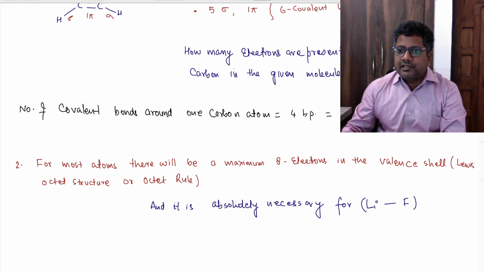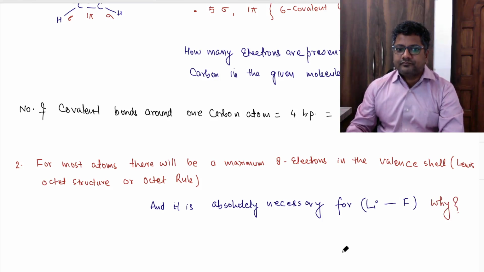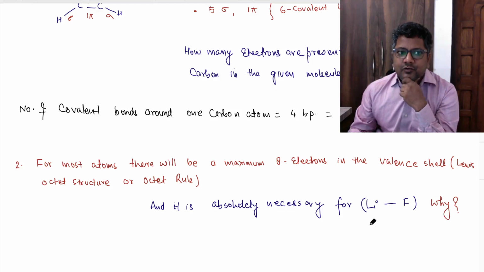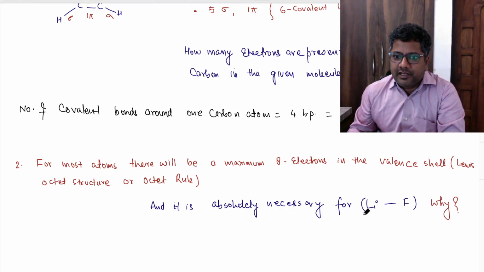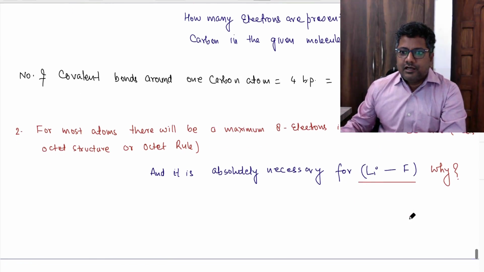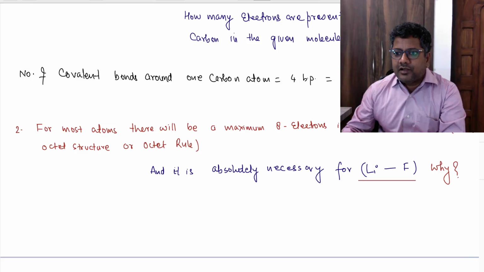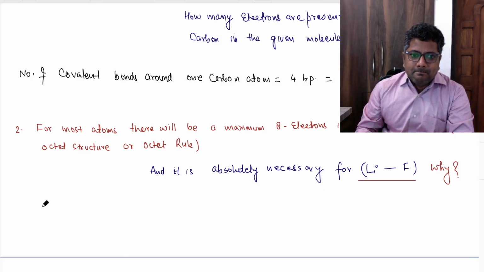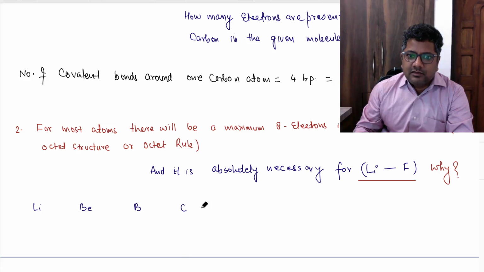The question arises, why? Why is this absolutely necessary for the elements, or atoms, from lithium to fluorine? So if you examine carefully from lithium to fluorine: lithium, beryllium, boron, carbon, nitrogen, oxygen, and fluorine.